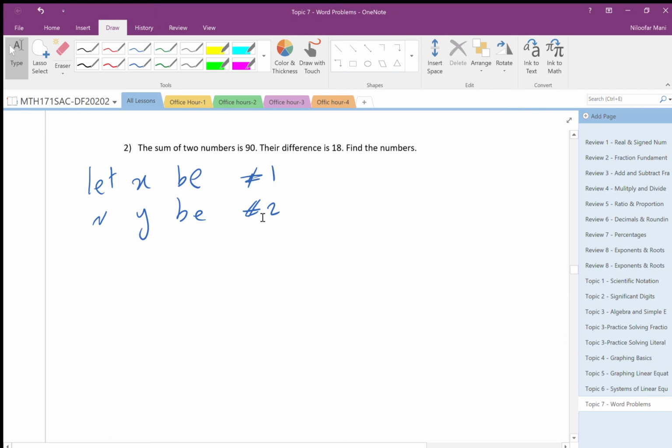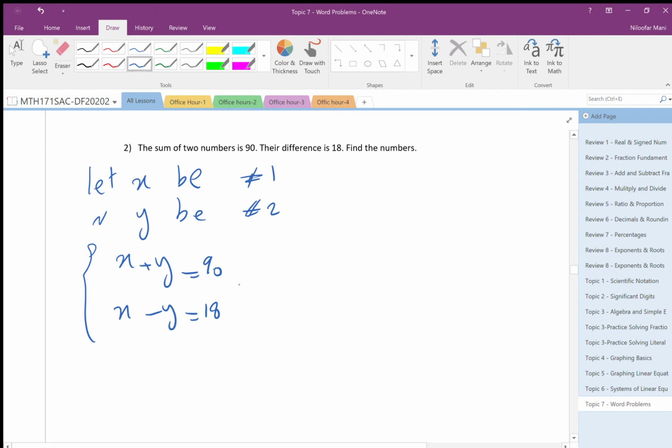Now I write two equations, two unknowns. The summation is 90, the difference is 18, and now I want to solve it. From now on, it's elimination or substitution. I go by elimination, I add them.